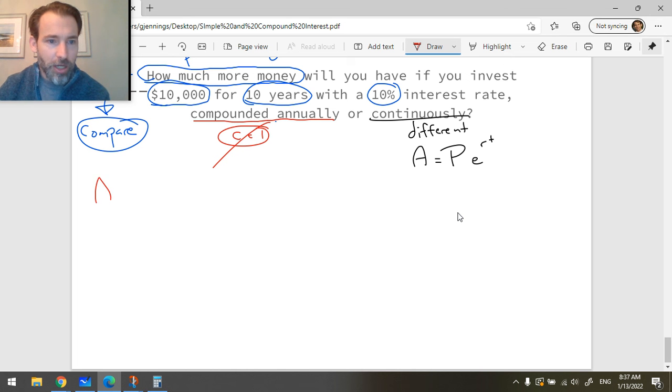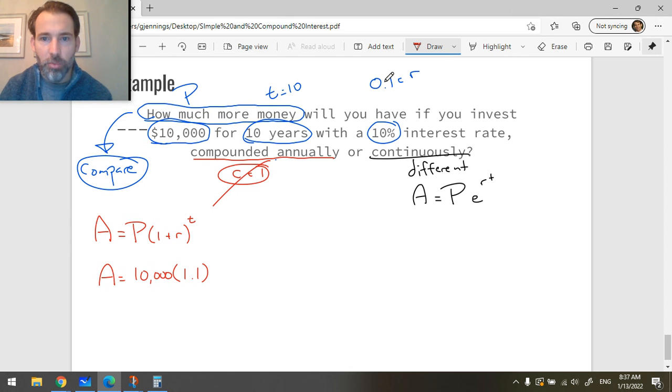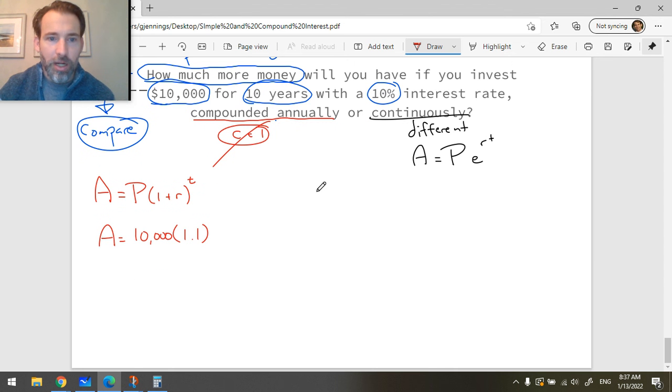We will have how much money here? Well, our principal is going to be multiplied by 1 plus the rate, 1 plus I, raised to the power T. Because we don't have a C here, I can use this formula. All right, so here, A is equal to the principal, 10 grand, multiplied by 1 plus R, so that's 1.1 because 0.1 is R, raised to the power 10, okay?